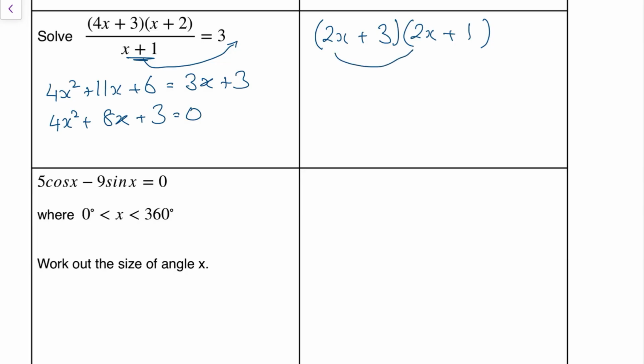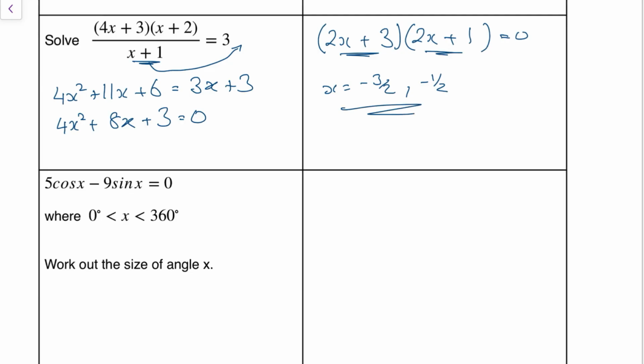Let's try that. 2x times 2x is 4x squared, that's 2x, that's 6x, 2x plus 6x is 8x, and 3 times 1, yes, that works. Which means, remember I'm still solving this equation, either x is equal to minus 3 over 2 from the first bracket, or x is equal to minus a half from the second bracket, and that's my answer. Nothing else to do.